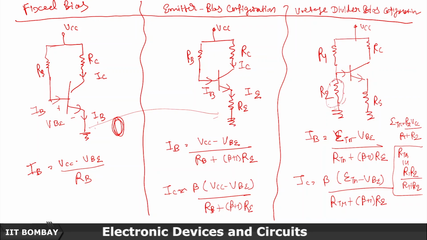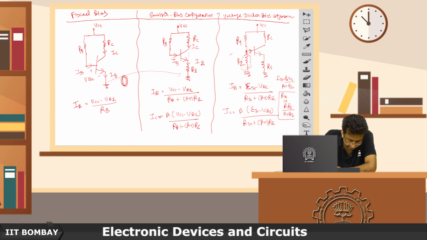Here there is no mechanism, like if beta is increasing, IB will remain more or less the same and your IC is increasing. Here, because of this distribution, at this junction you have IR2 and IB. So because the same potential drop occurs here, IB can be controlled significantly. This way it can control the IC while changing IB.